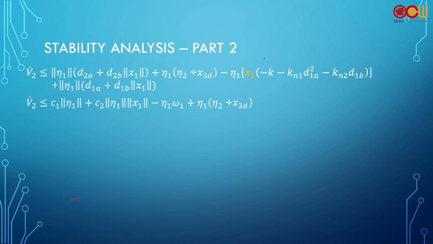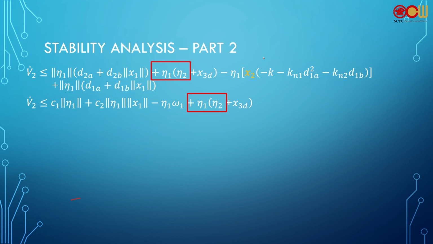And there are two terms. You can regroup the terms with eta 1 and the terms with eta 1 times x1 norm. C1 is the coefficient that combines d2a because there's an eta 1 norm. d2a goes to C1, and d2b, which is the product of eta 1 norm and x1 norm, goes to here. Eta 1 times eta 2 is in here.